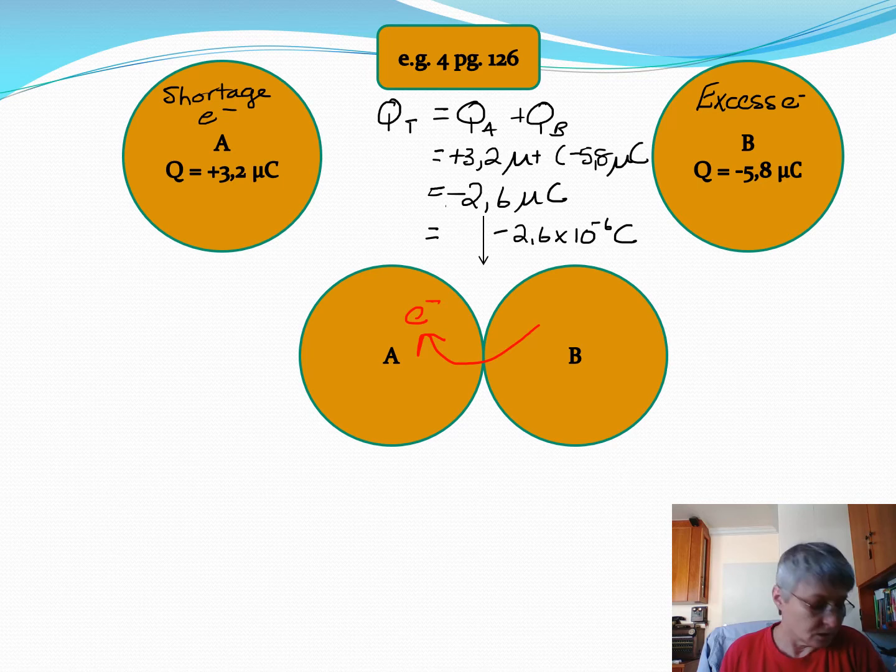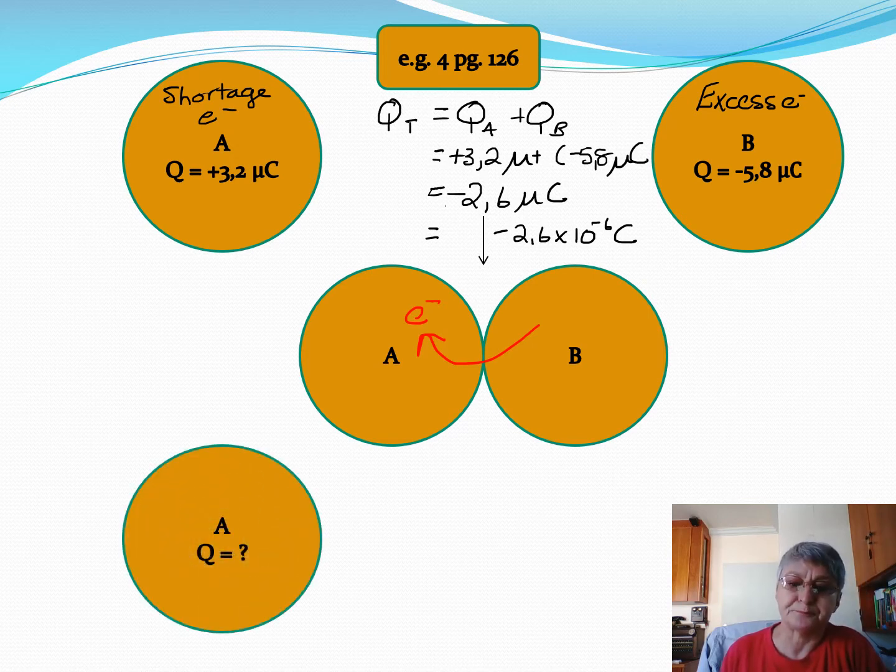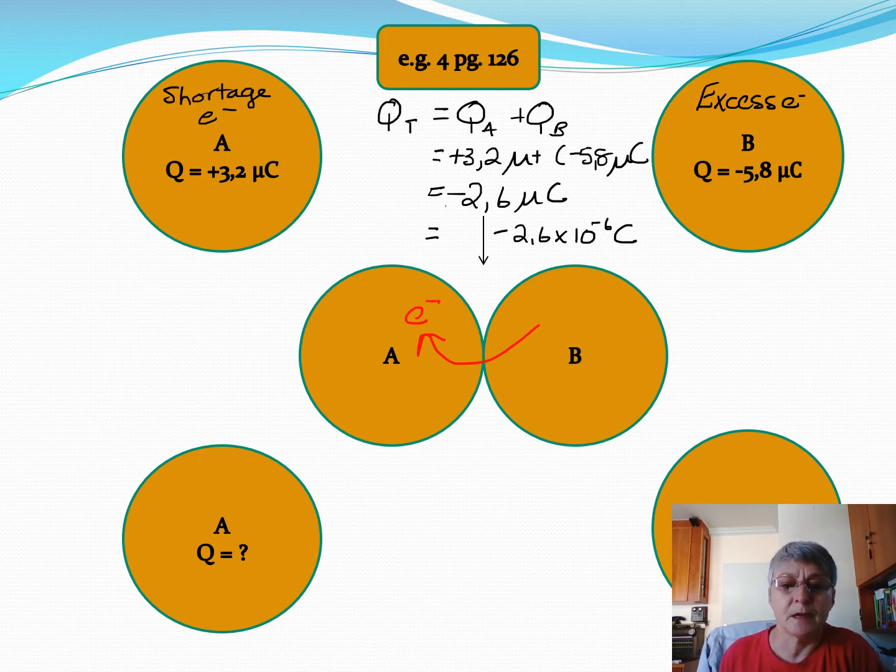Next question is, after these have been in contact, what will the charge on each sphere be when they are removed or placed back in their original positions? I know that the charge on A will be equal to the charge on B, and that would be the total charge divided by 2.